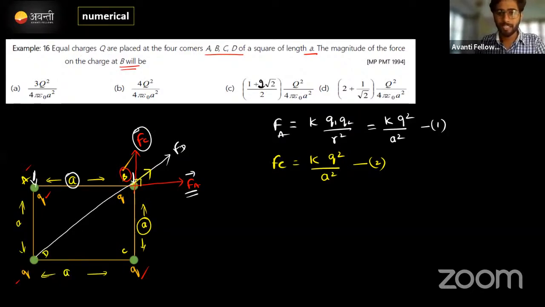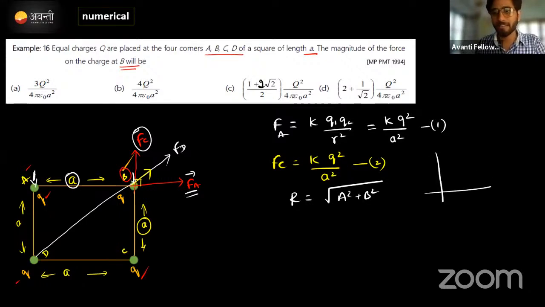Okay, look here. The resolution of these two can be written as resultant vector equal to the square root of a square plus b square. You know, write this one from the vector law. This is vector A, this is vector B. If the two vectors are perpendicular to each other, the resultant vector will be in this direction, the square root of a square plus b square, like this.